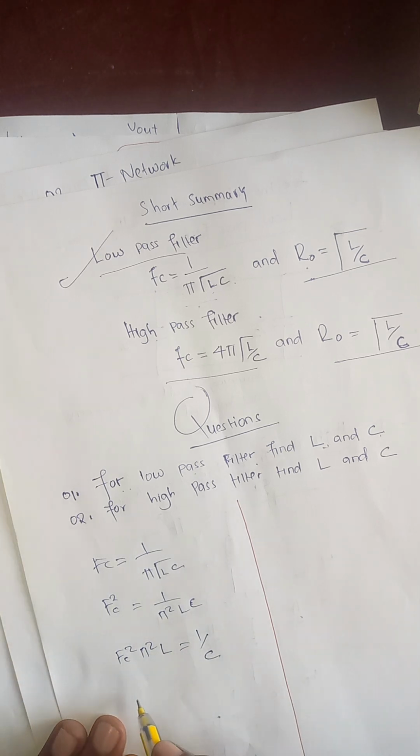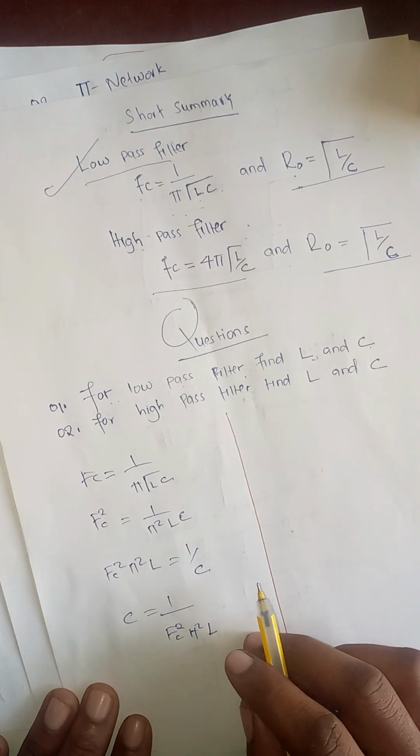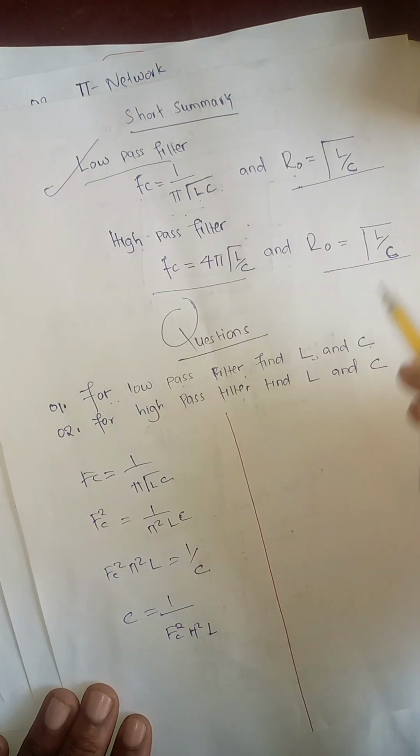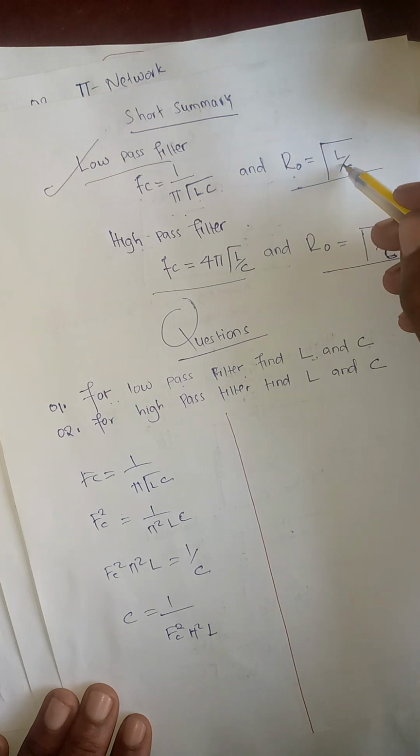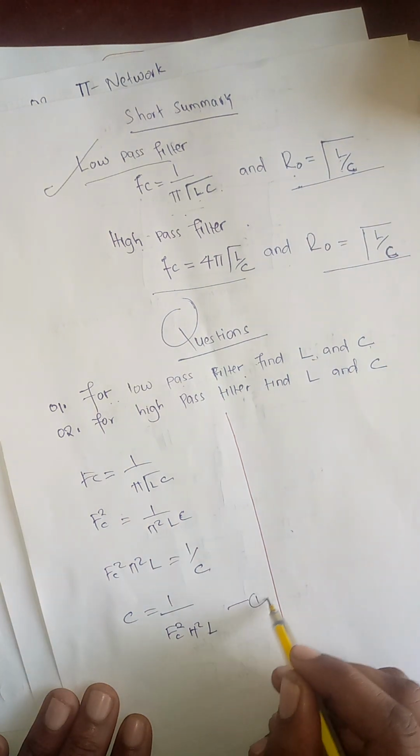Now you can reciprocate: C is equal to 1 over FC square pi square L, this one. Now you can refer to the formula because you know what this one is. This is equation 1.